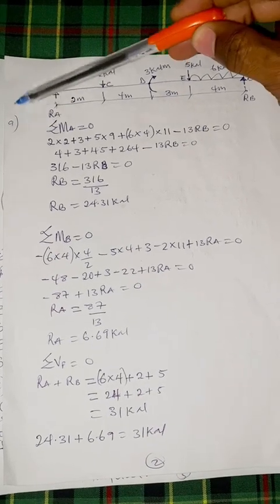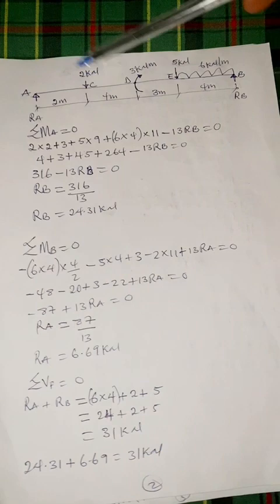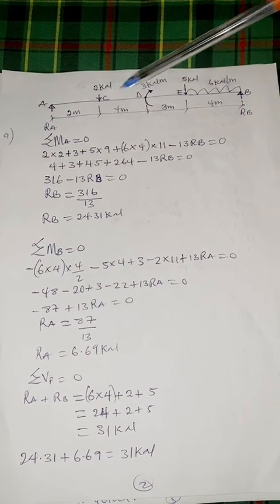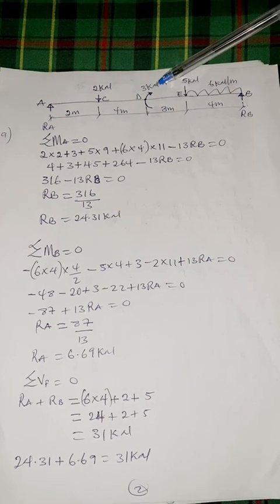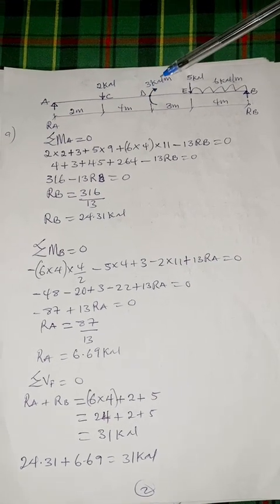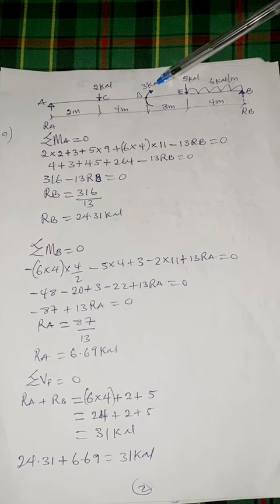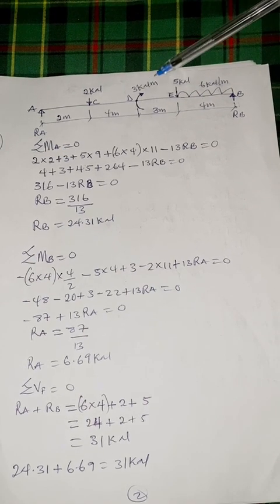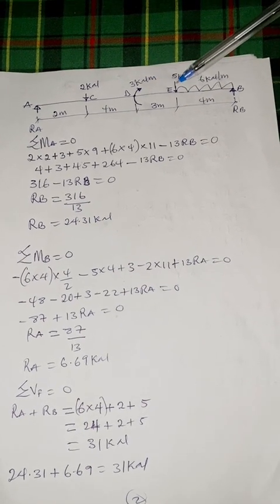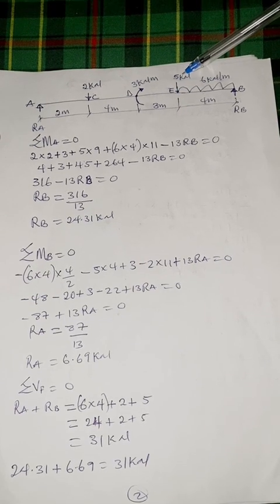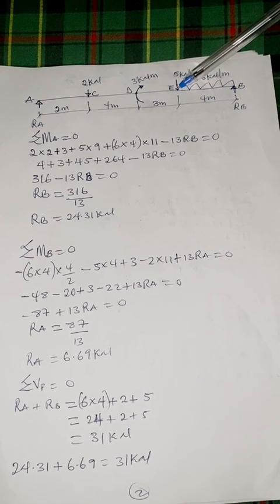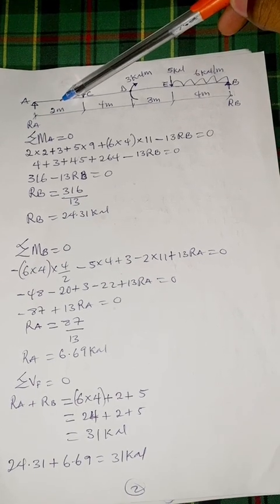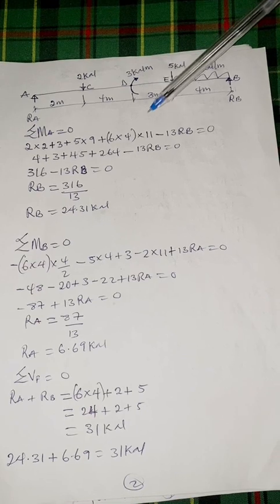So automatically it means we are going clockwise, which is 2 times 2 to give us 4. Then plus the couple moment, which is 3 kilonewton meter. So you are not multiplying it with any distance. You pick up the 3 kilonewton meter by saying plus 3 because it is in the direction of the positive. Then the next load is point E, which is 5 kilonewton. The distance from where it is acting to point A is 3 plus 4, 7 plus 2, which is 9. So it's going to be 5 times 9.